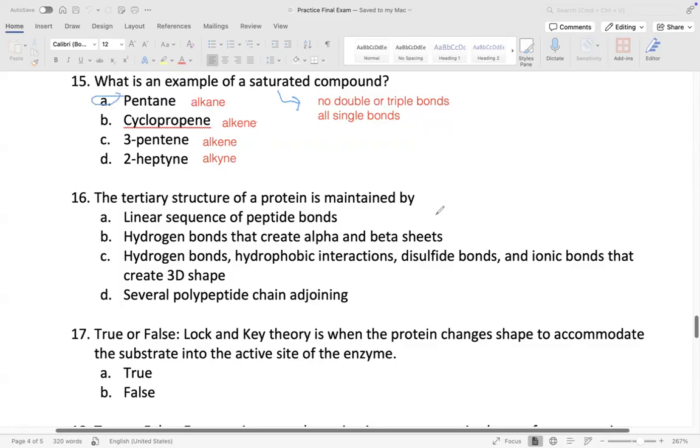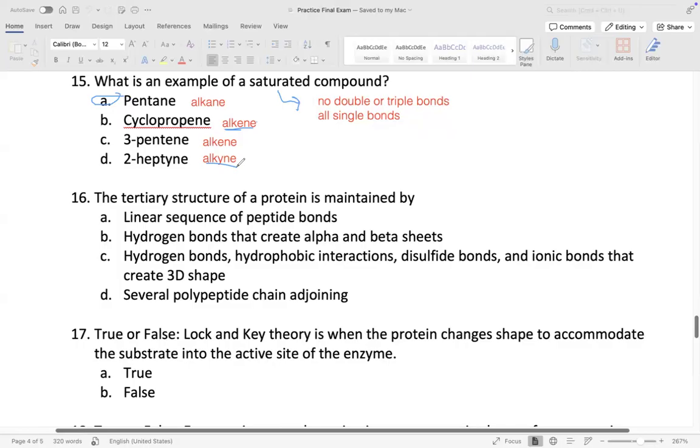Saturated is all single bonds. If this was reversed and it said an example of an unsaturated compound, we'd be looking for an alkene or an alkyne. Any questions here? Would you pick the highest of the alkene and alkyne at that point?